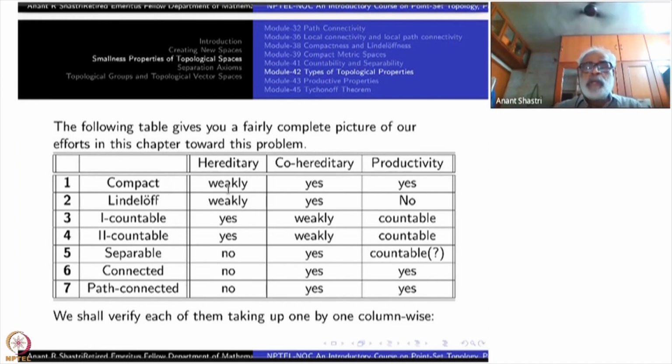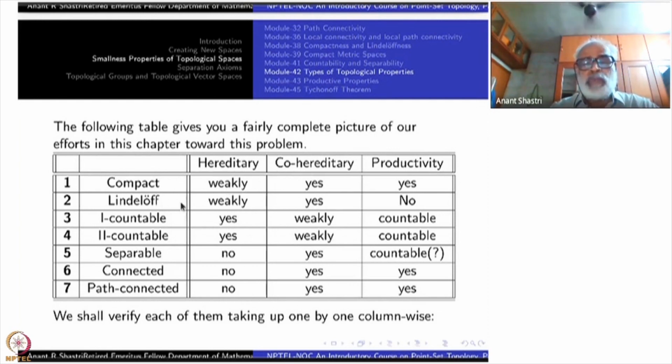You already know that a closed interval is compact, but the open interval is a subspace, it is not compact. So compactness is not hereditary. On the other hand, you have also proved that every closed subspace of a compact space is compact. We have already proved such a thing, right? So that means it is weakly hereditary.